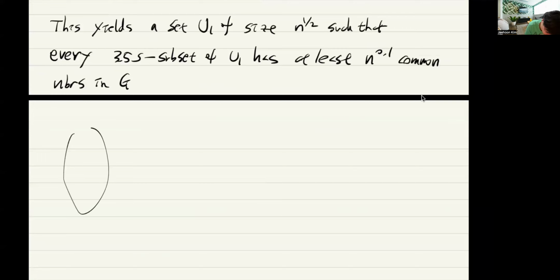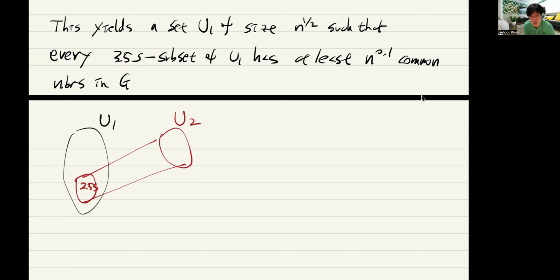So now you have this U1, with the stronger property that every 3.5s vertex subset of U1 has a large neighborhood instead of s. Then our intention is that we will choose 2.5s vertices, and take their common neighborhood as U2.